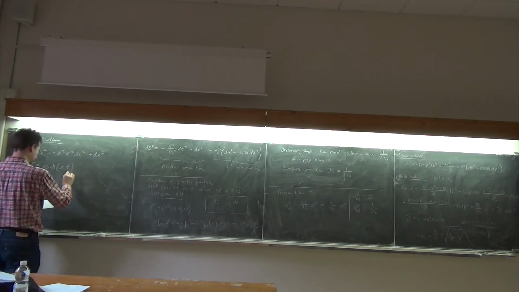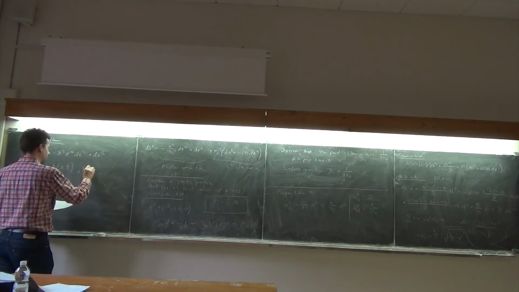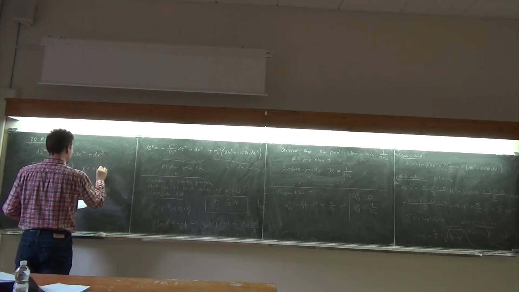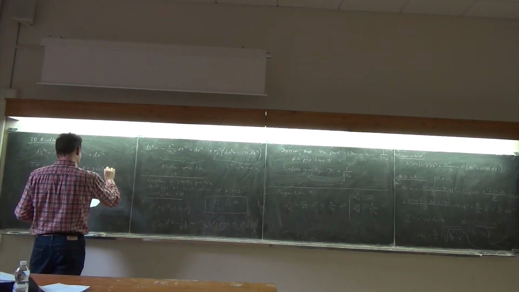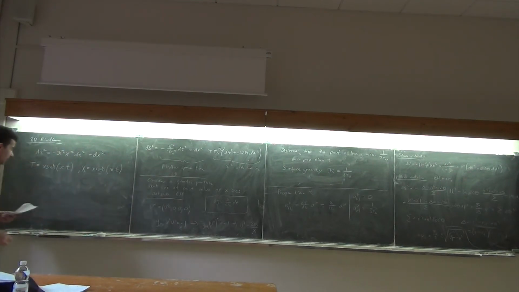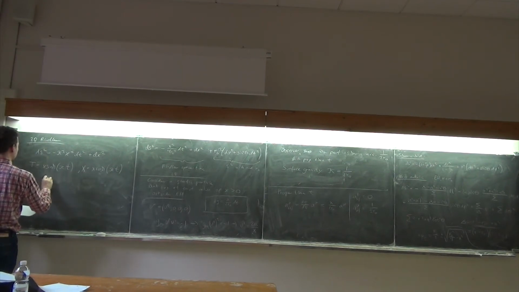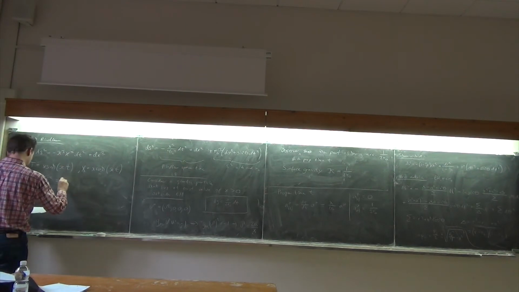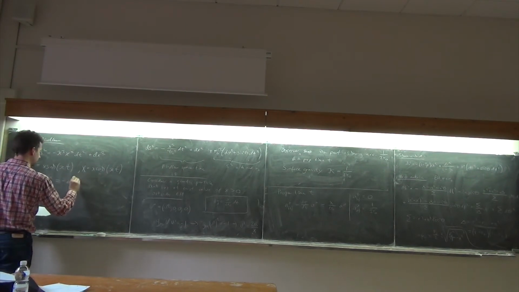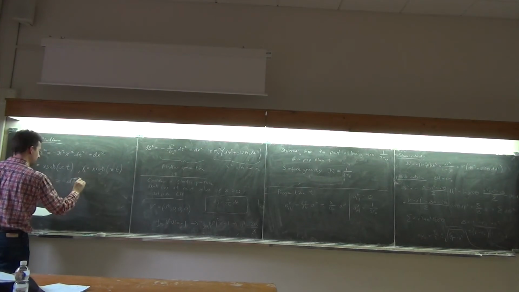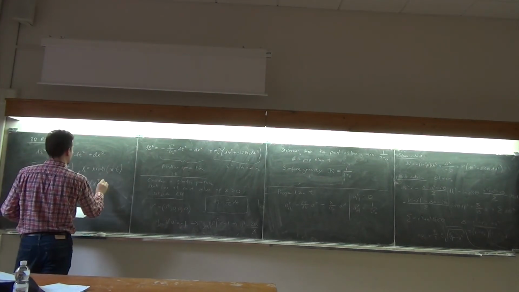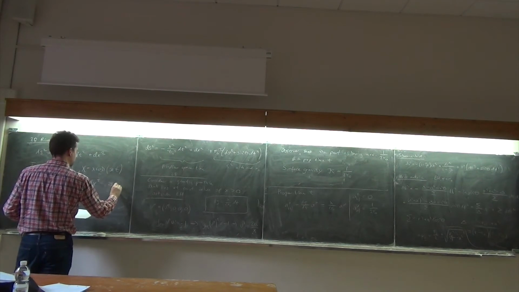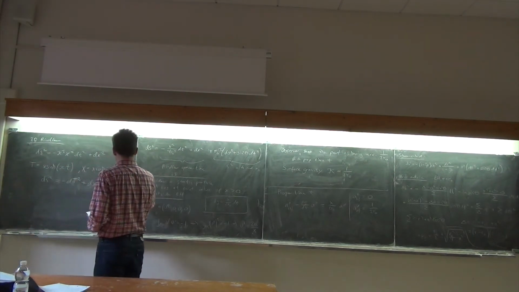These are coordinates. If you define these two coordinates, then in these coordinates the same metric looks just like this. So you see that this is two-dimensional Minkowski spacetime.